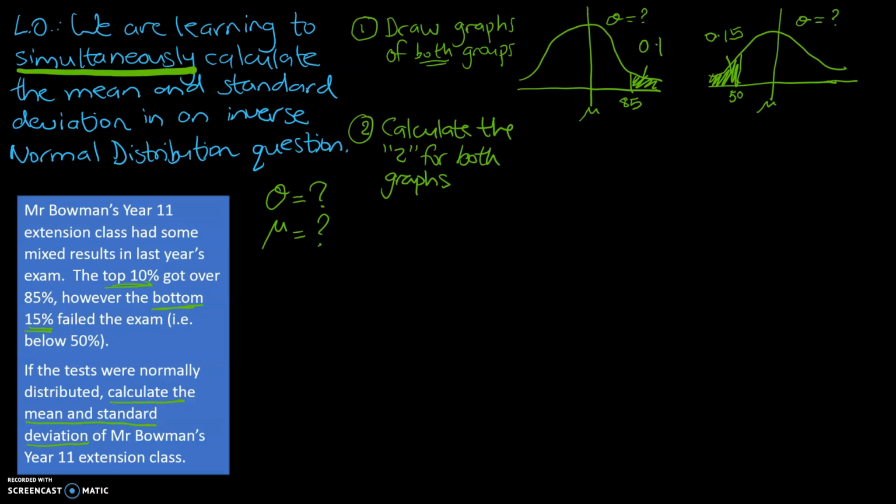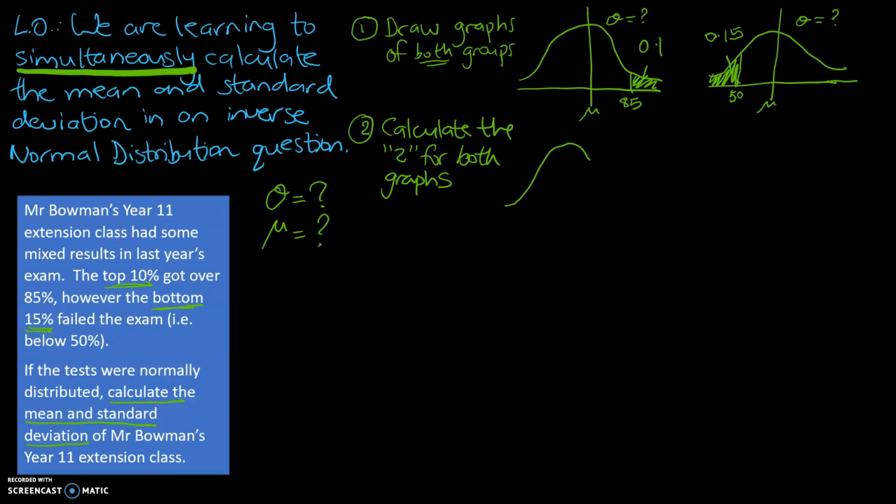And what that means is 85, 50, we are trying to find out what is the equivalent Z value, or how many standard deviations are those numbers away from their means. And to do this, we actually need to draw another graph.